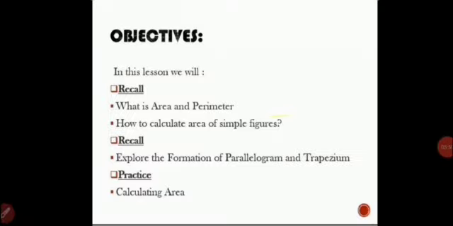now comes the main part, the area of parallelogram. So before we get to the area of a parallelogram, let's look at how basically parallelogram was formed. So let's assume that once upon a time there was a rectangle shape.